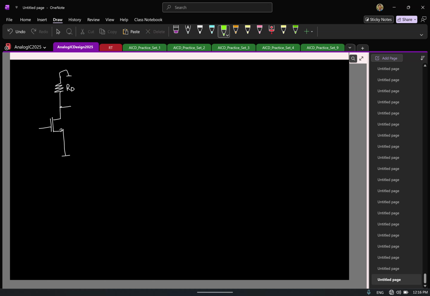At the input, in practice, I don't know what the source resistance is, so I'll have Vin and RS. Now if I'm interested only in the noise calculations, what can I do for Vin? I can make Vin 0, so Vin is a short circuit.